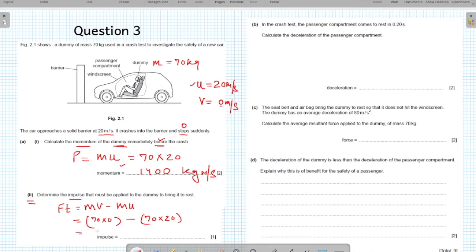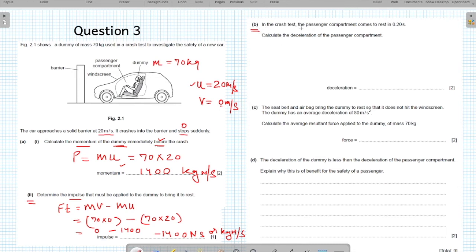So it becomes 0 minus 1400, which becomes minus 1400 newton seconds, or you can also give the unit as kg meters per second. Both are units for impulse, right? Let us come to the next part.